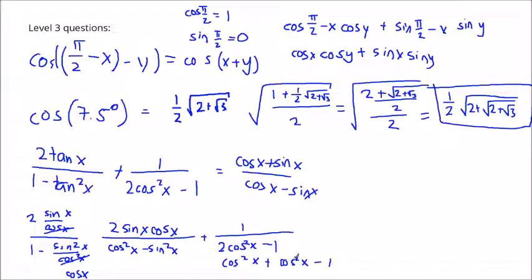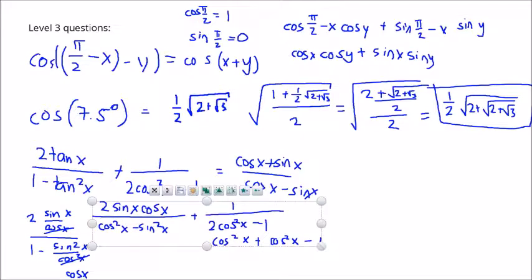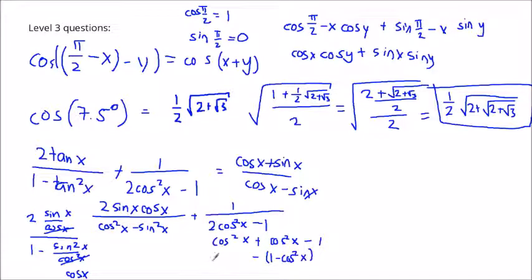If you want the sine squared x version, you have to reverse the sign: 1 minus cosine squared x. Now we have cosine squared x and 1 minus cosine squared x, which will give you sine squared x. So now this is cosine squared x minus sine squared x as well.